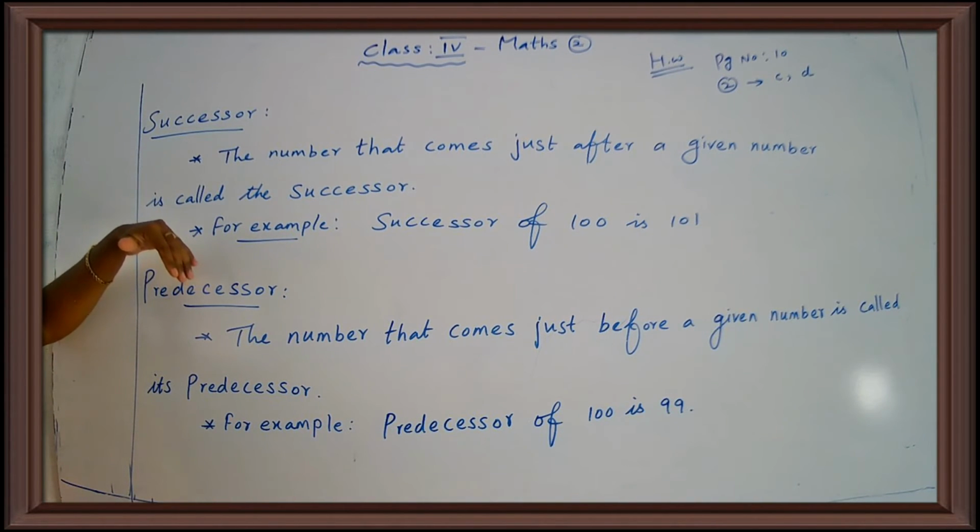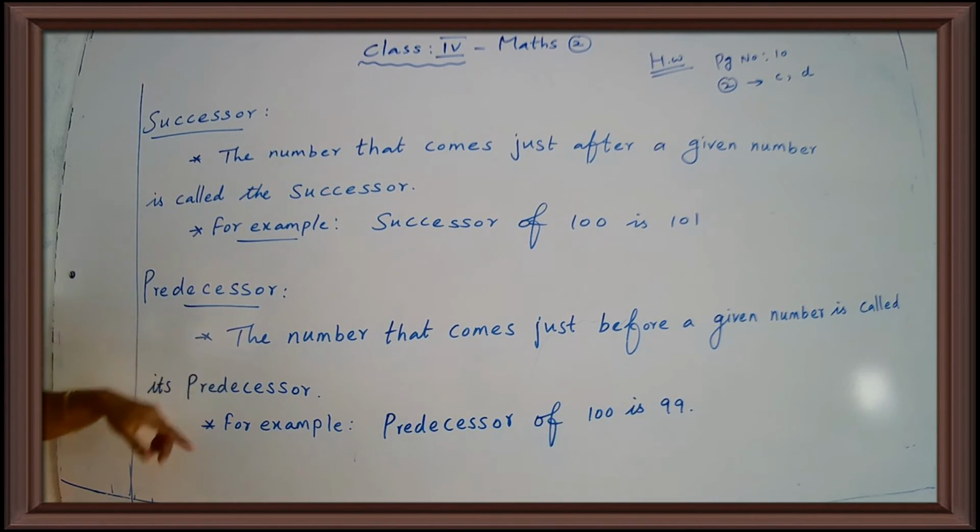Predecessor means before a given number. Okay, children? We can get the predecessor of a number by subtracting 1. Suppose we need the successor, we get it by adding 1 to it. Suppose we need the predecessor, we subtract 1 from it.